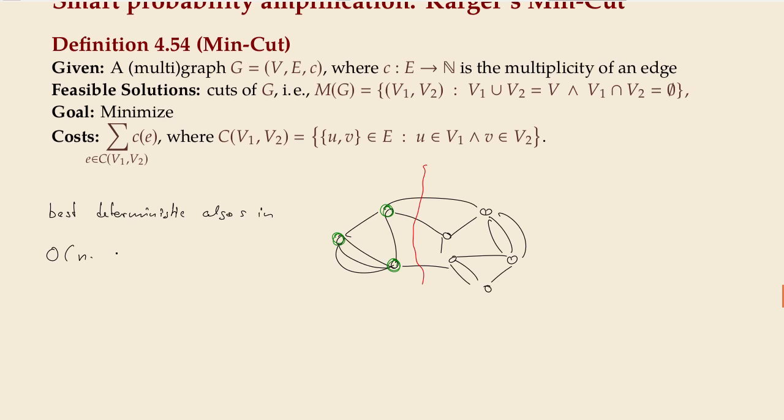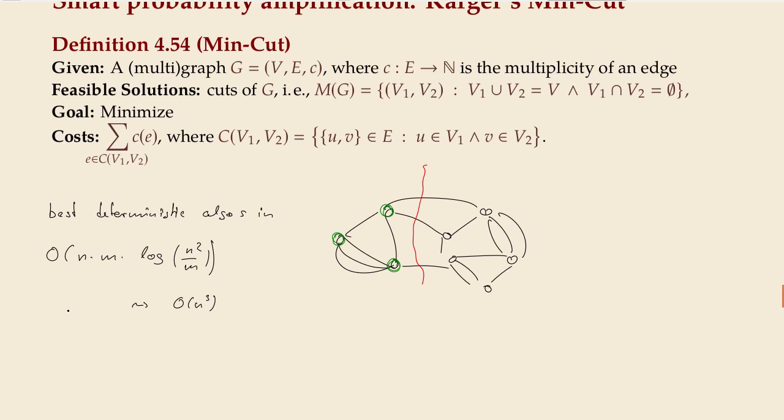It's n times m for the vertices and edges as usual, and then log n squared over m. And if they're the same, then it's a cubic running time if you have dense graphs.